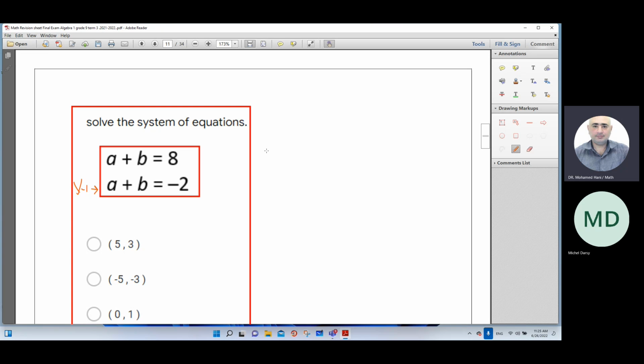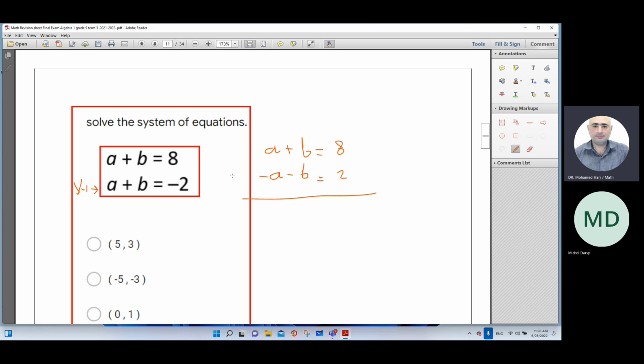So rewrite the first equation, a plus b equals 8, and down, minus a minus b equals 2.